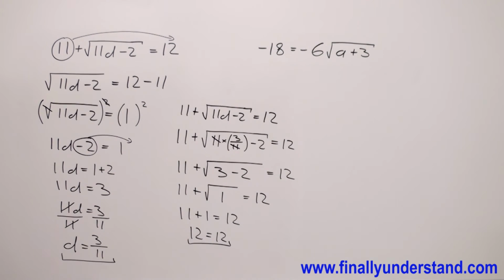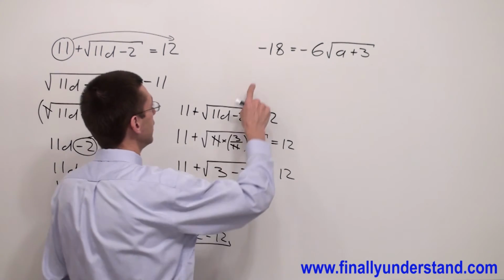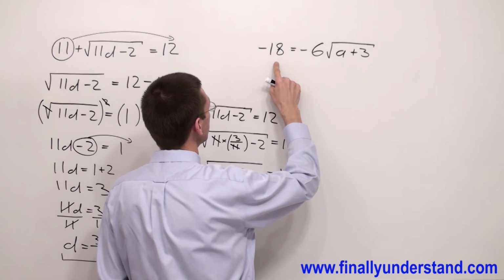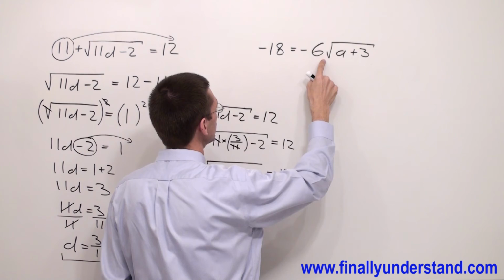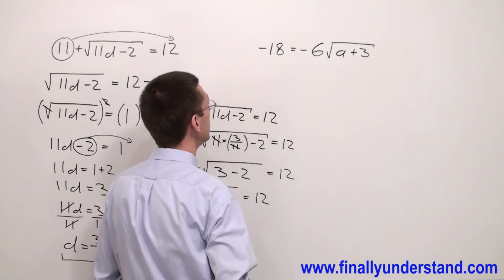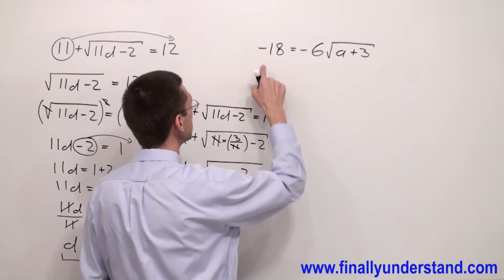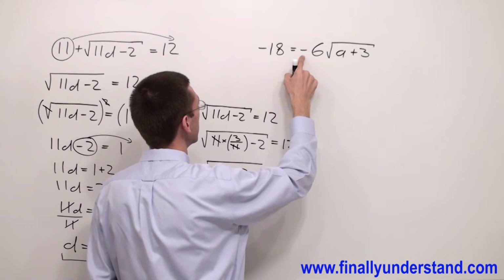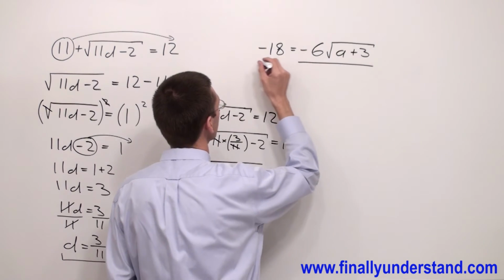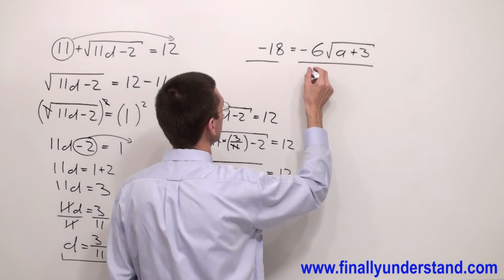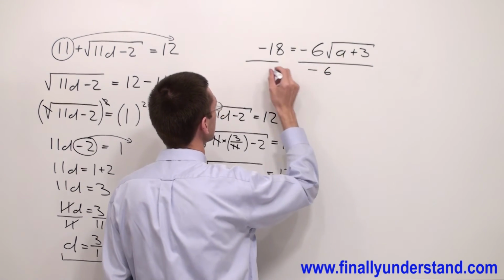Let's take a look at the second example. I have negative 18 on the left side, and I have negative 6 on the right side, and negative 6 is multiplied by the radical. Because negative 18 is divisible by negative 6, I'm going to divide both sides of the equation by negative 6.